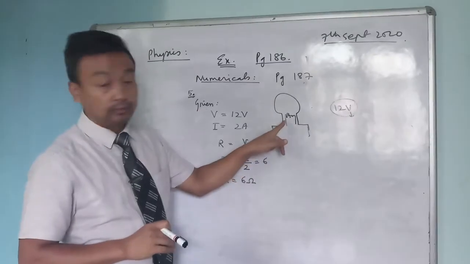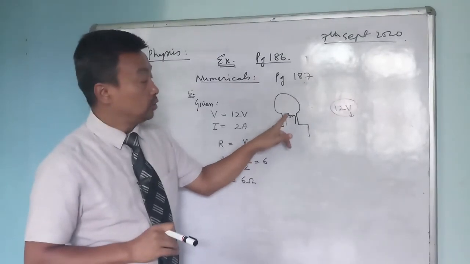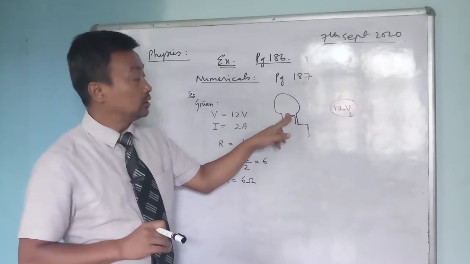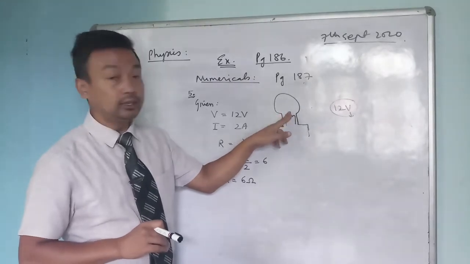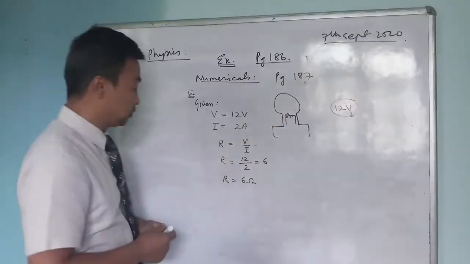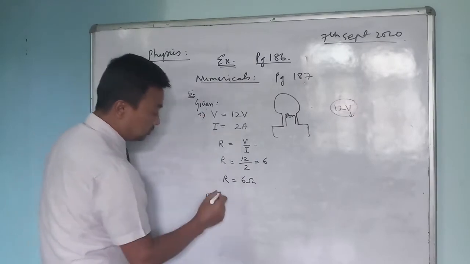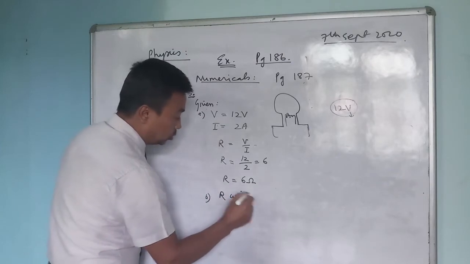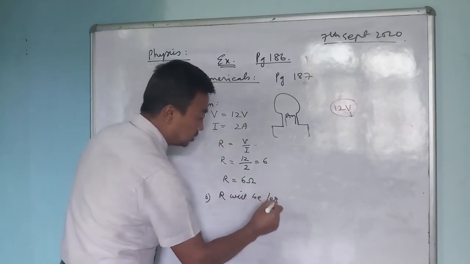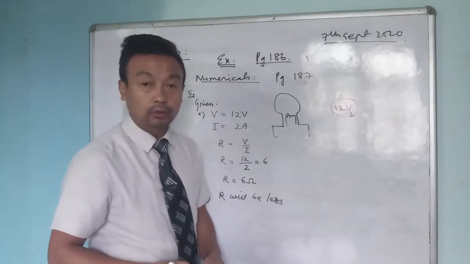So when the bulb is not glowing, it means no current. No current means no heat. No heat means the temperature is less. Therefore, the resistance will be less. So this is the second part of the question: resistance will be less when the bulb is not glowing.